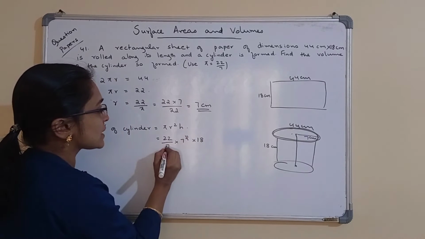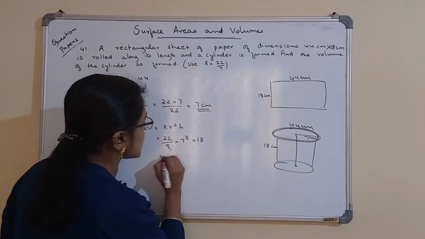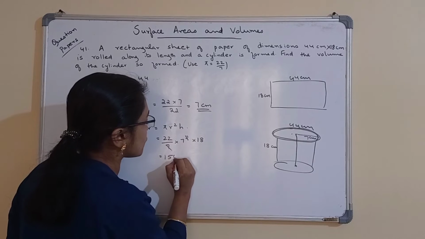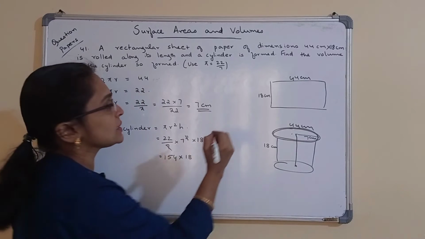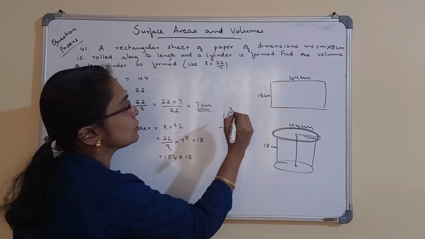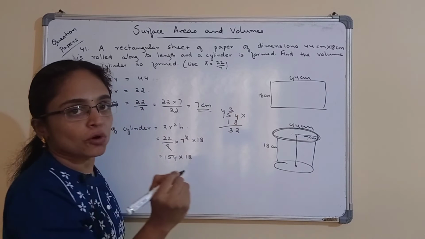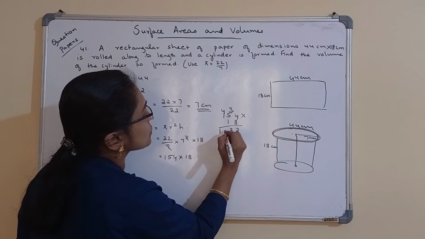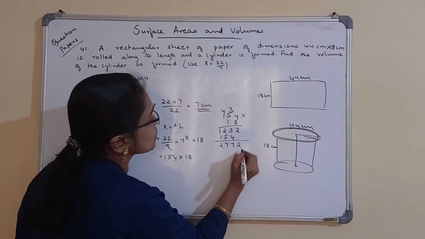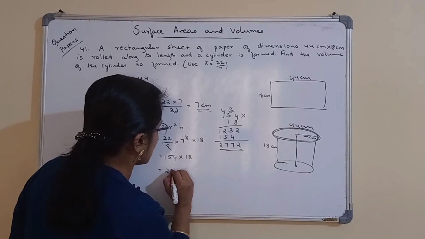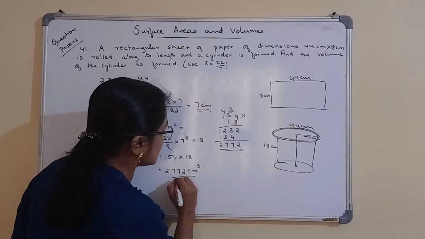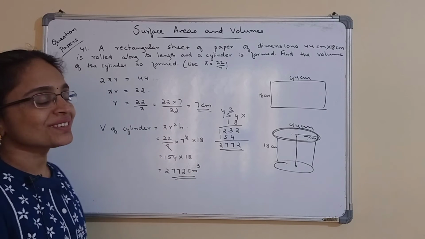So one 7 will get cancelled and we'll get this as 22 into 7 into 18. 22 into 7 is 154 and 154 into 18. 154 into 18 is 4 8s are 32, 5 8s are 40, 40 plus 3 is 43, 8 plus 4 is 12, then 154. We'll get this as 2772. So volume of cylinder is 2772 centimeter cube. Understood?